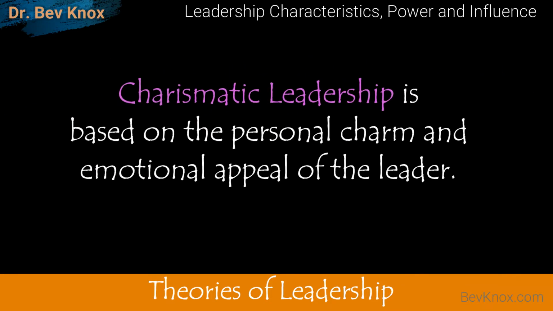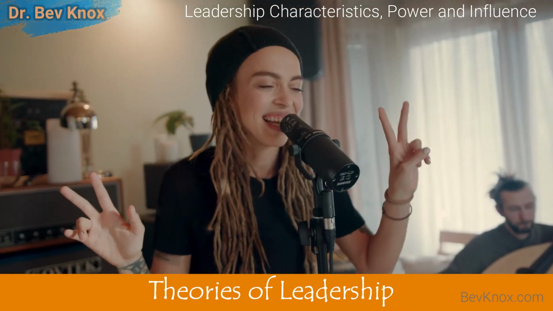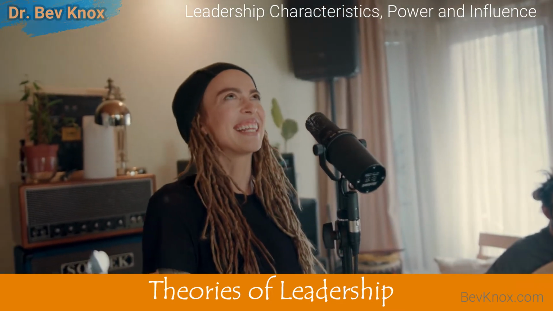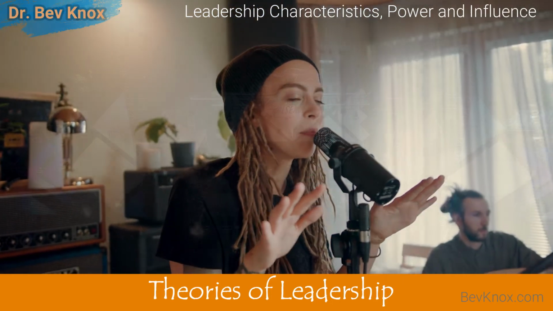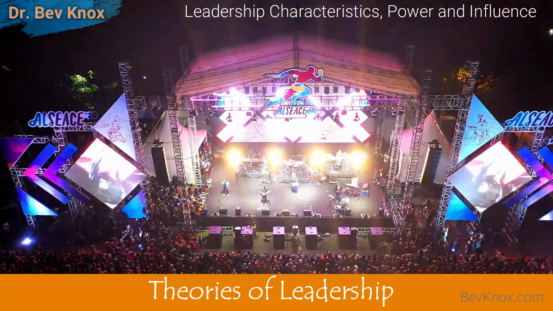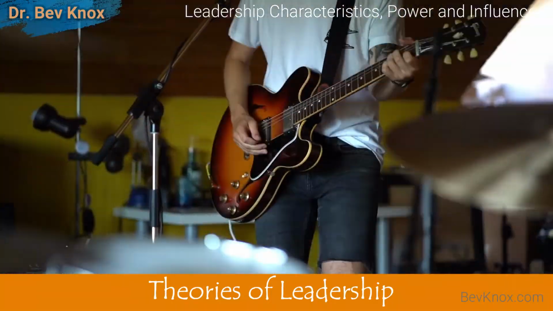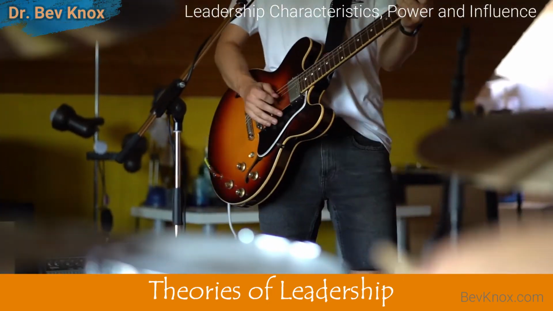And the charismatic leader is based on the personal charm and emotional appeal of that leader. So, the ability to inspire followers provides the link between transformational leadership and charismatic leadership. The followers of a charismatic leader do what the leader wants because his or her personal charm, magnetism, and emotional appeal leads them to do so.